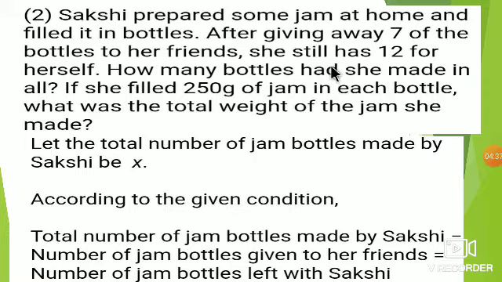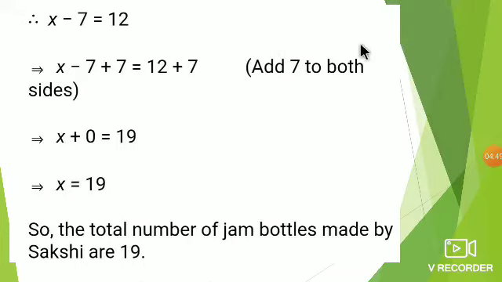This number is given in the example, that she still has 12 bottles. She gave 7 bottles. Now she had 12 bottles left with her. Express in the form of the equation: x minus 7 is equal to 12.